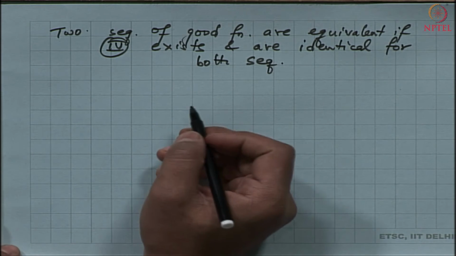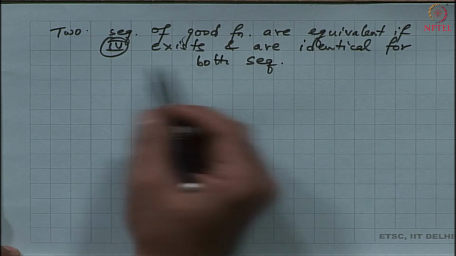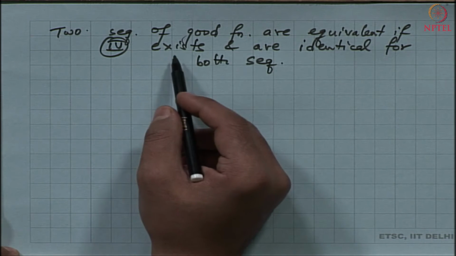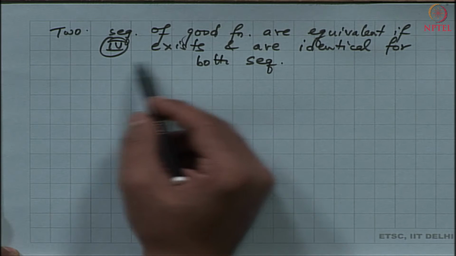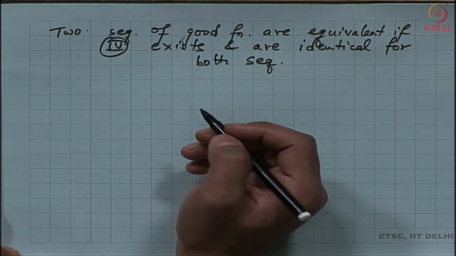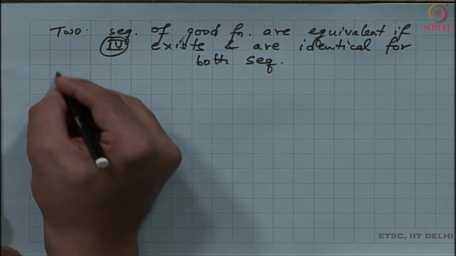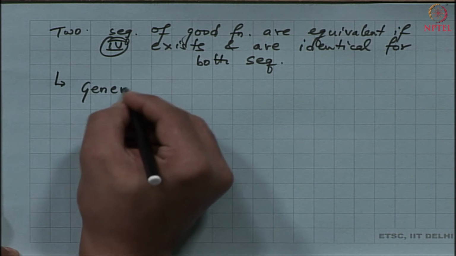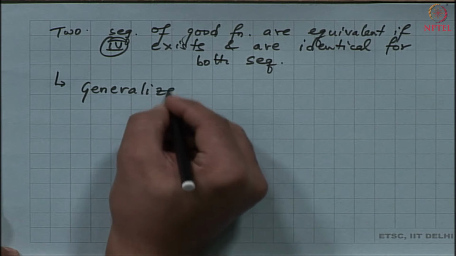So, when I compare two sequences of good functions, I am going to compare their corresponding integrals, which were defined by expression 4. Okay. Then what I have is my generalized function. That is the thing that I wanted to define to begin with.